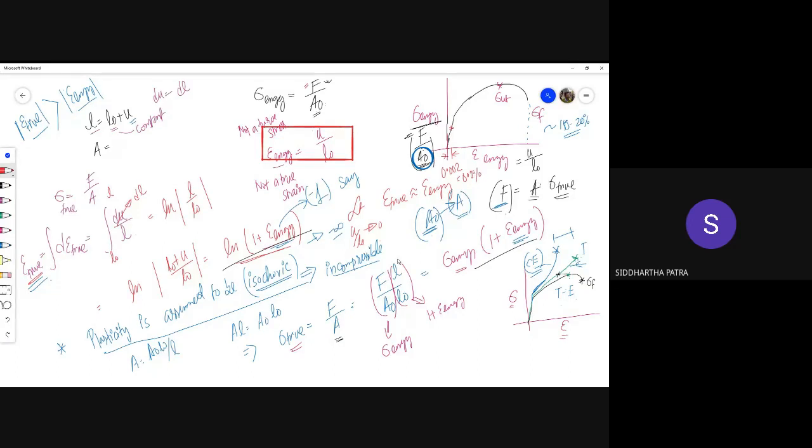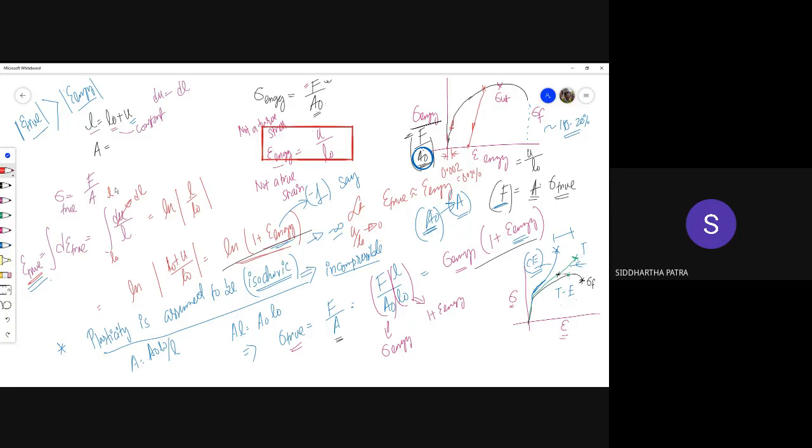0.002. So as we know, if I unload from a given stress value, it follows the slope of the elastic part of the curve while unloading. And by the end of the total unloading, I'm left with the plastic strain.